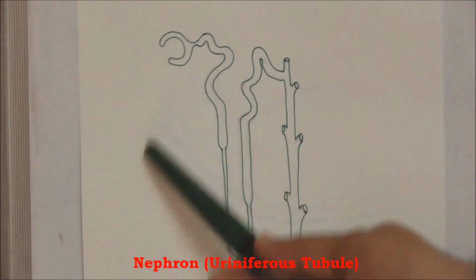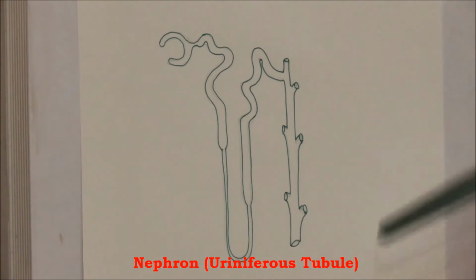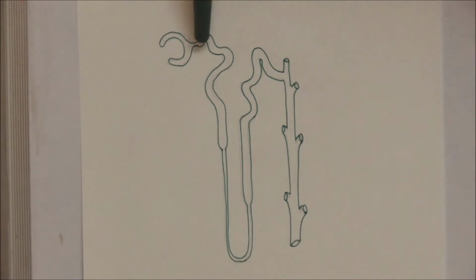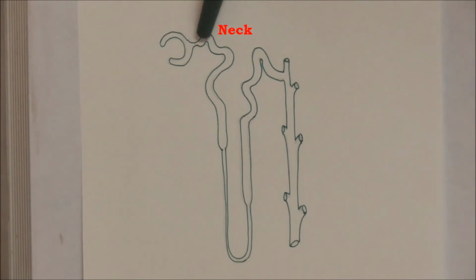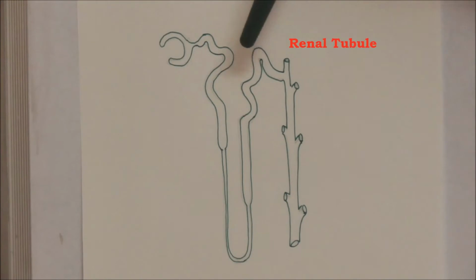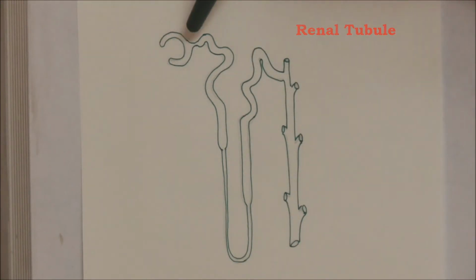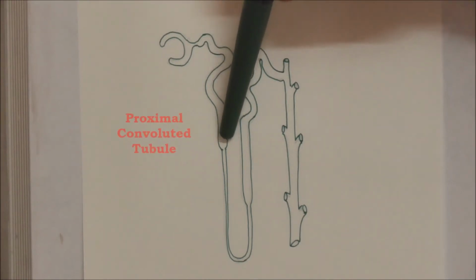This is entirely the uriniferous tubule or the nephron, which would consist of this cup-shaped structure called the Bowman's capsule. Next to that is a narrow part, that's a neck. Then this entire coiled tubular structure is called the renal tubule, which would include the first coiled part, that is the proximal convoluted tubule.